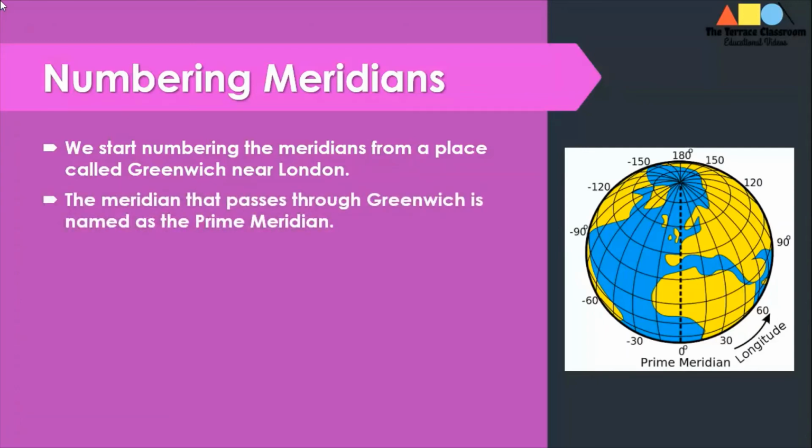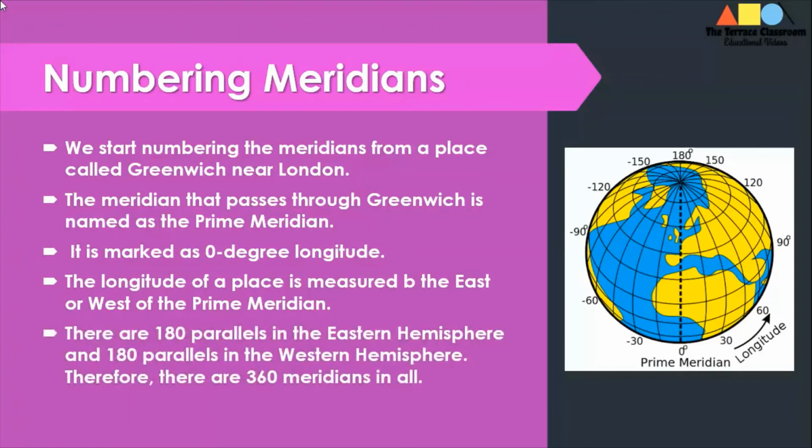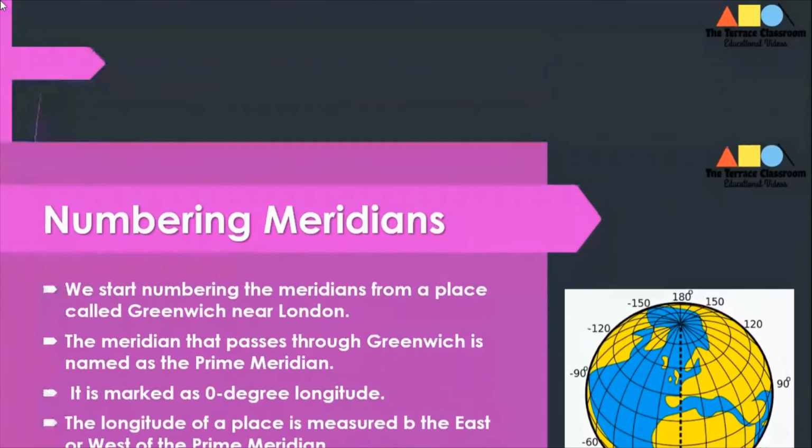The meridian that passes through Greenwich is named as the prime meridian. It is marked as 0° longitude. The longitude of a place is measured by the east or west of the prime meridian. There are 180 meridians in the eastern hemisphere and 180 meridians in the western hemisphere. Therefore, there are 360 meridians in all.